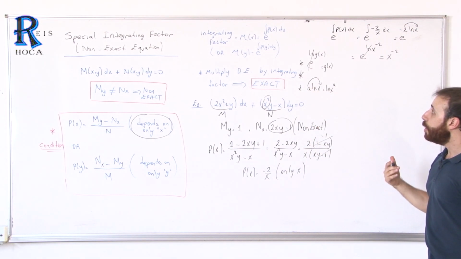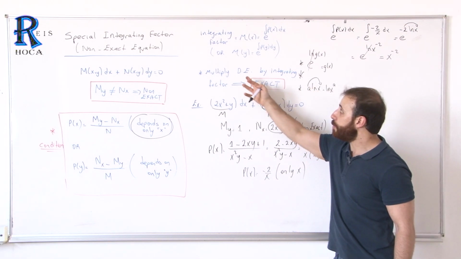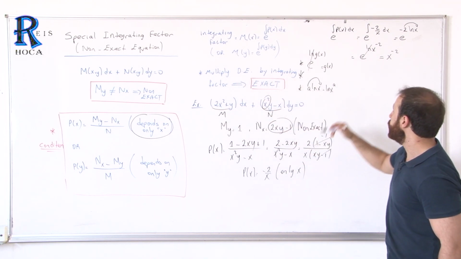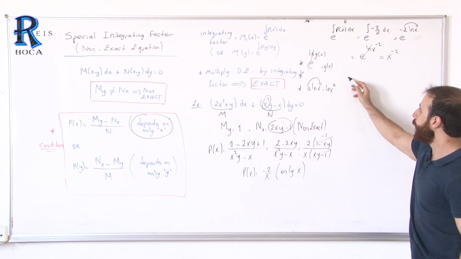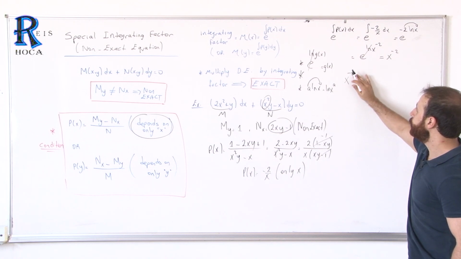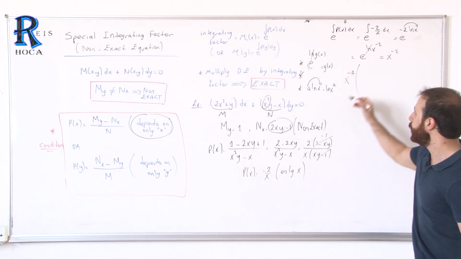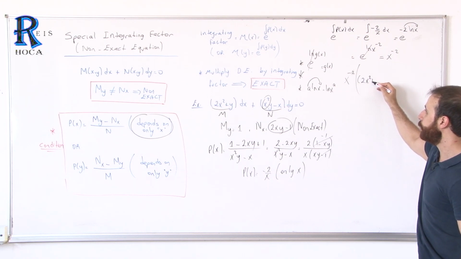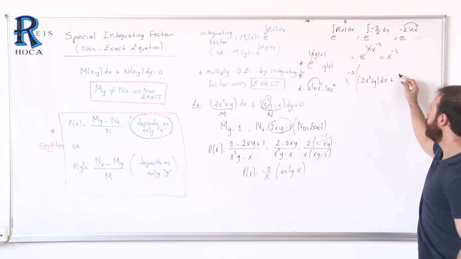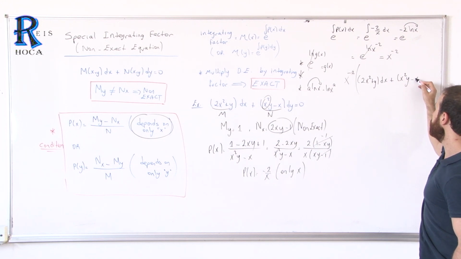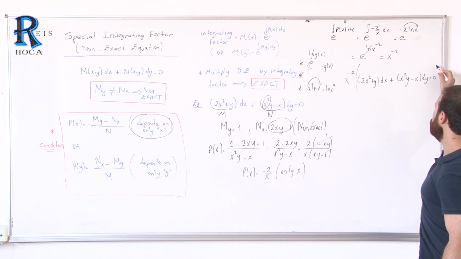So we calculate the rest. We multiply the differential equation by the integrating factor. So multiply x to the power of minus 2 times our differential equation, (2x square plus y) dx plus (x square y minus x) dy equals 0.